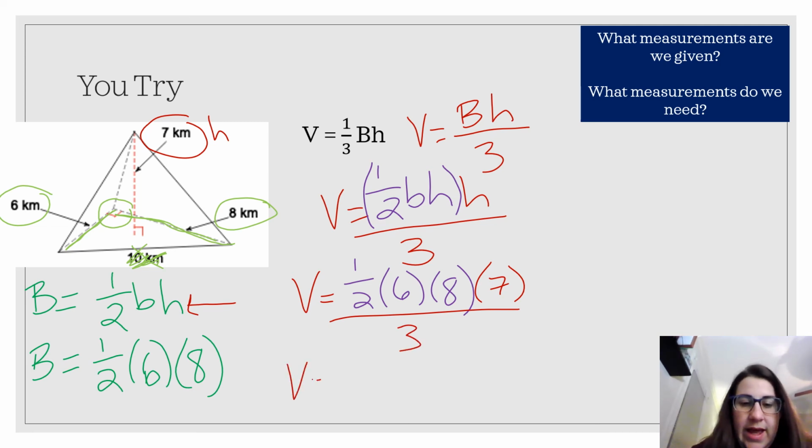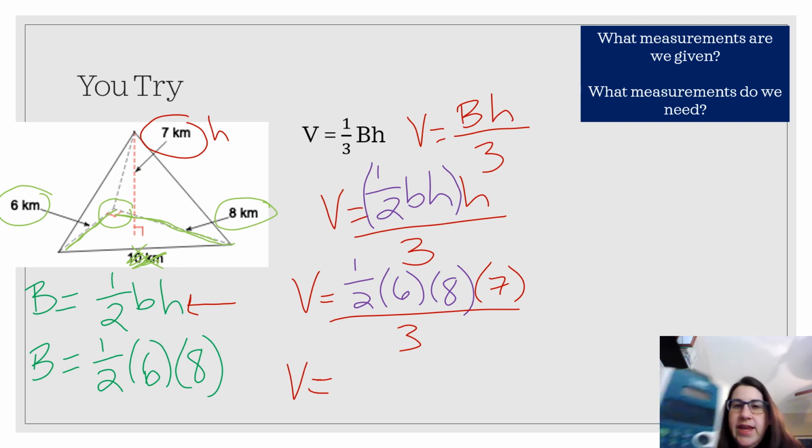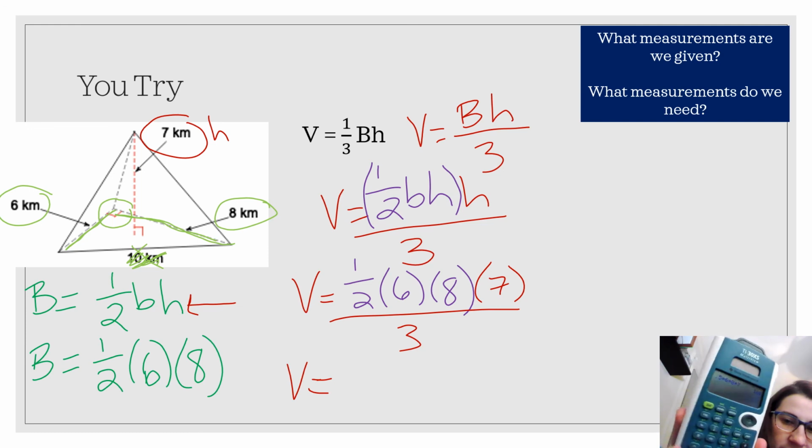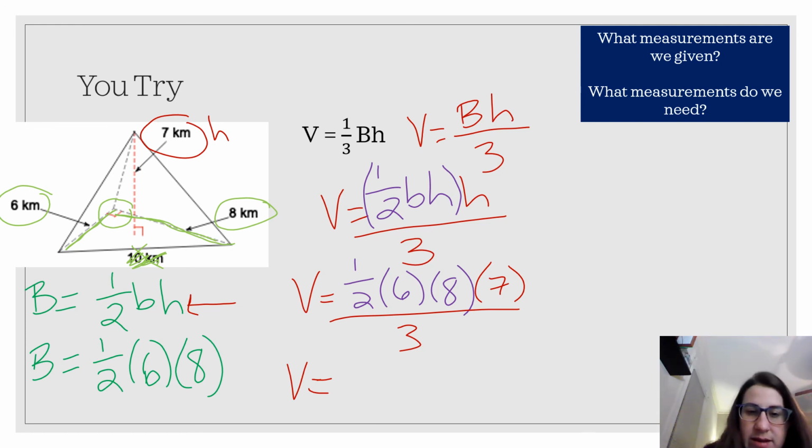Okay, I have a fraction there. So 1/2 times 6, honestly, let's try to put this in the calculator. I'm going to put 0.5 instead this time, guys. 0.5 times 6 times 8 times 7. That gets me 168. And I want to divide it by 3.